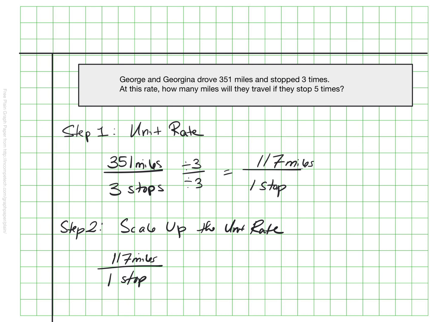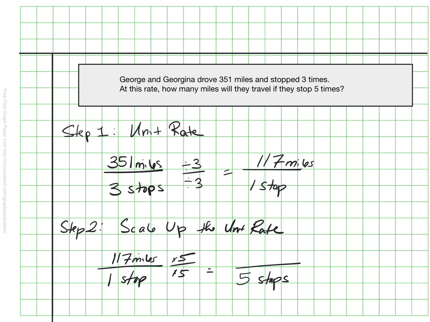And then that leads me to step 2, where if it's 117 miles and they stopped once, if I want to know how much distance they would cover after 5 stops, I would scale this up. So I'd say, well, this is 5 times as many stops. So I'm going to do the same thing to my numerator and calculate 5 times as many miles.